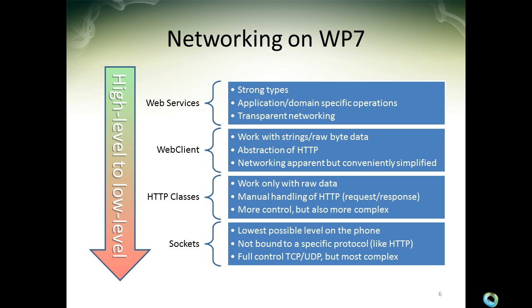Sockets, and in particular TCP and UDP programming, is located, if you're familiar with that, on the OSI level 4, I think. So there's always a lower level below that, for example, manipulating IP packets manually. But sockets at the moment is the lowest possible level of networking on the phone.